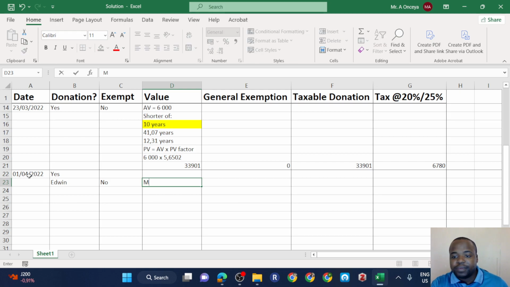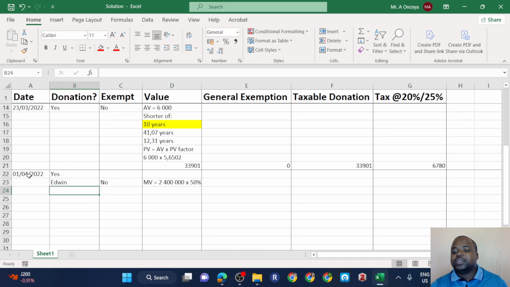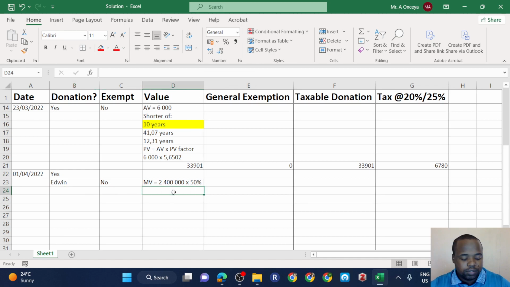And then we determine the market value of the business. The market value of the business is 2.4 million rands multiplied by 50%, because he donated half ownership of the business. So that is now 1.2 million rands.